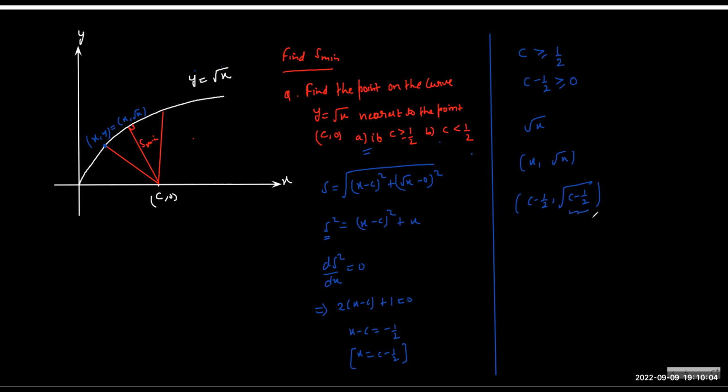Because this term cannot be negative. Root of negative is imaginary, and we want a real, actual answer. Understood what I'm saying? So the only option A will have the answer, and this is the answer. That's it. So the coordinate will be c minus 1 by 2, for c more than or equal to half.